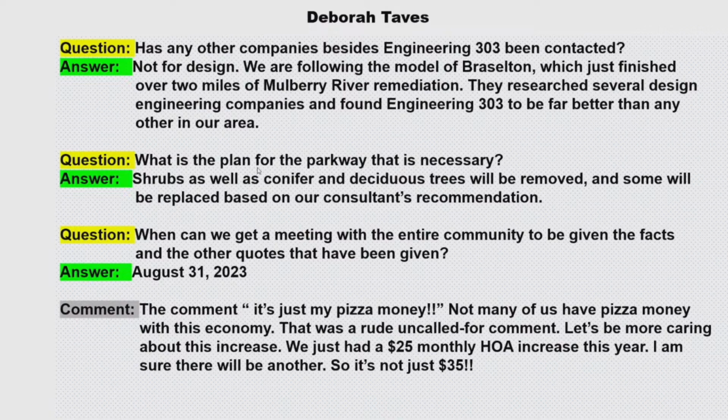I would just remind everybody that that comment came from the audience. What's that? Pizza money comment came from the treasurer. Not your pizza money. No, it came from the audience and the treasurer used it. How's that?